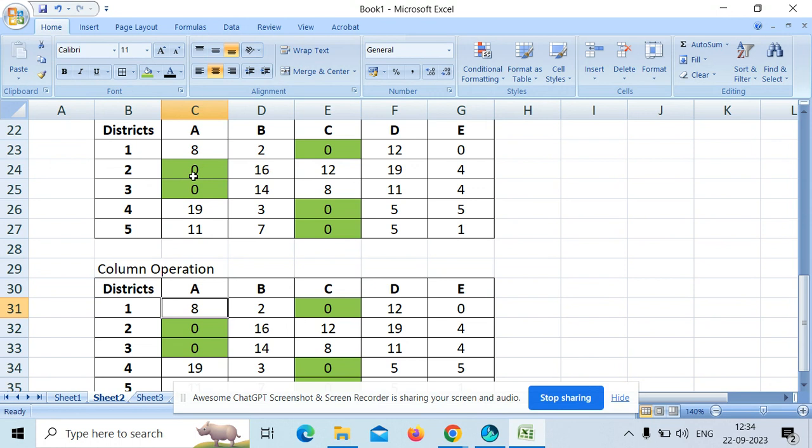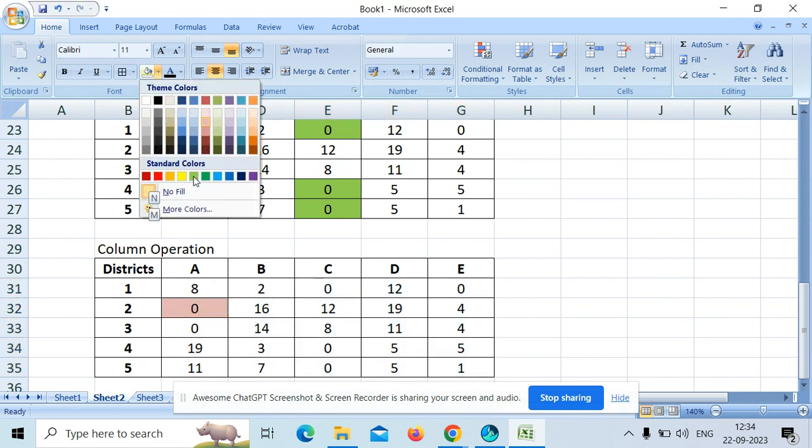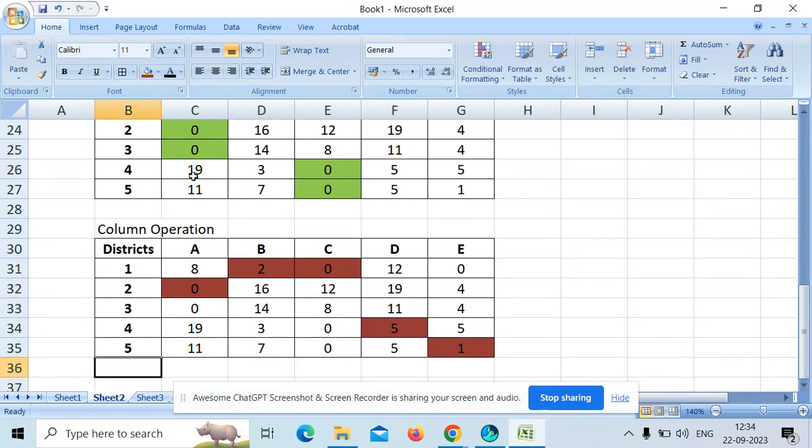Column operation means each column. I'm highlighting the column operation with purple color. This will remain unchanged. 2 minus 2, 0, 16 minus 2, 14, 14 minus 2, 12, 3 minus 2, 1, 7 minus 2, 5, and the zero will remain unchanged.